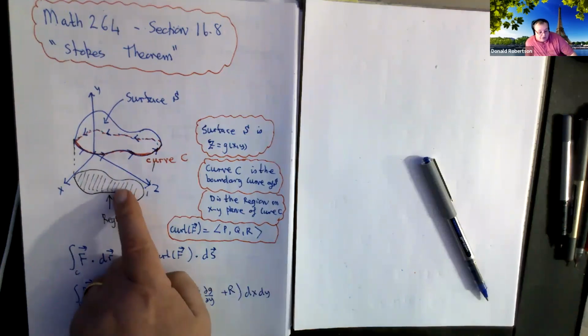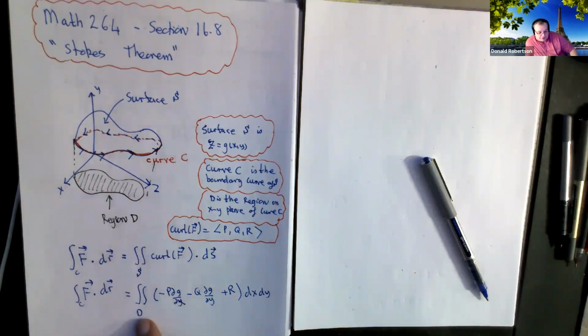And the reason we need to know that guy is because this double integral will be using this region here. So it might be x goes from 1 to 2 and y goes from x to x squared, or whatever it might be.